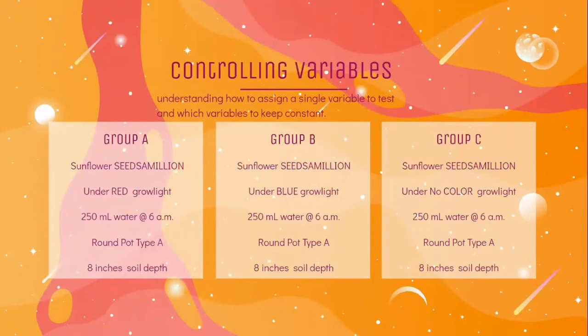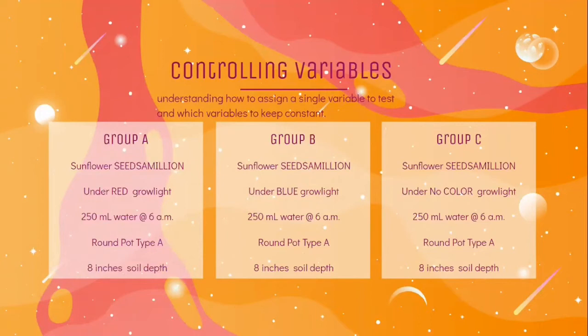And so you're going to use a red grow light. And then you're going to have 250 milliliters of water at 6 a.m. every day is maybe your watering process. And then you're going to make sure that each seed is in a round pot that's type A. It's just some generic type I'm throwing out there. Whatever, they're all identical is the point here. And then 8 inches of soil will be the depth of the soil that I put in the pot whenever I have the seed in there.